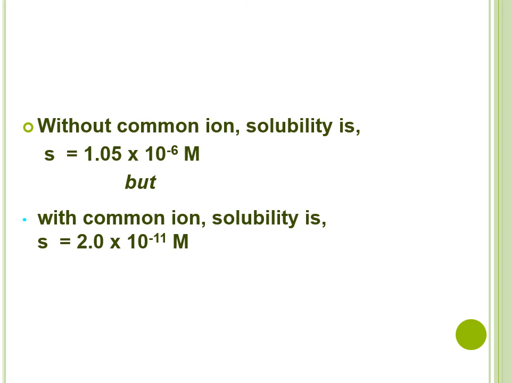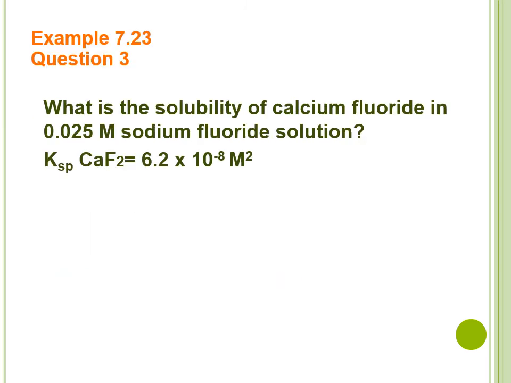But with 0.05 common ion, the solubility now is 2 times 10 to the power of negative 11 molar. It is very much less, the solubility. Therefore, it will precipitate more.